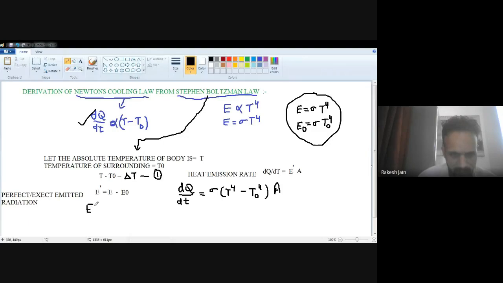E dash is equal to E minus E0. What is E? E is sigma T raised to the power 4, so I write sigma T raised to the power 4 in place of E, and in place of E0, I write sigma T0 raised to the power 4.